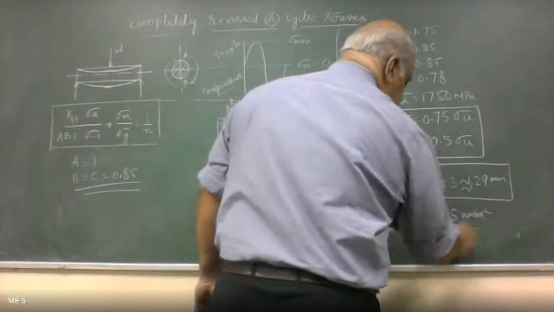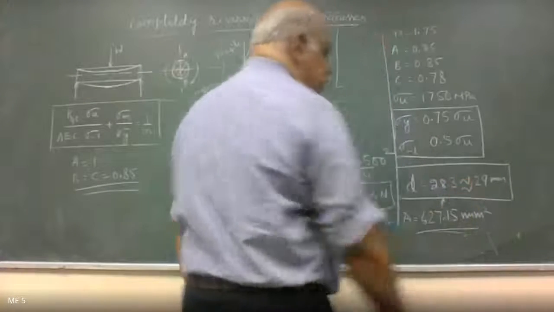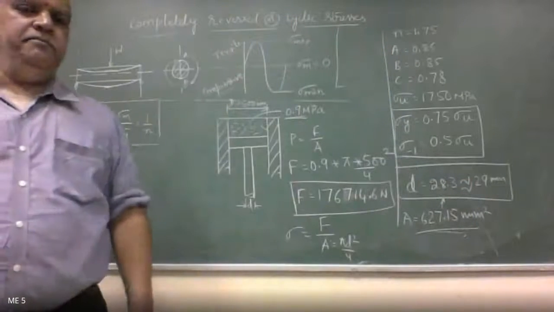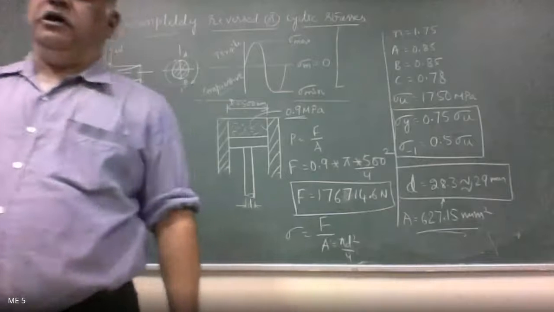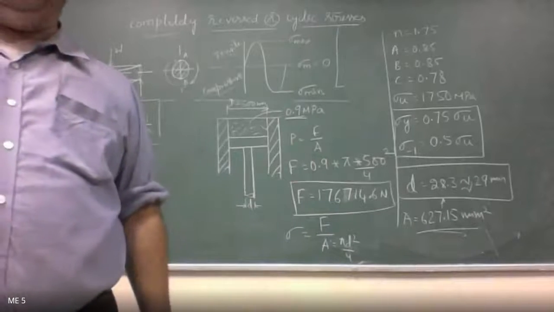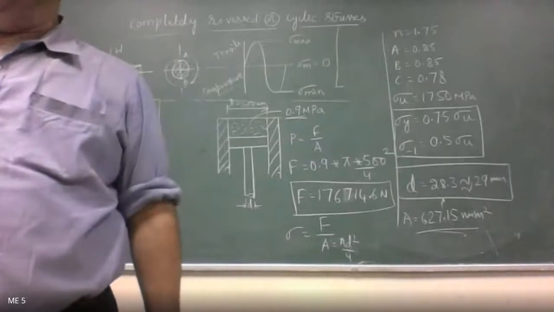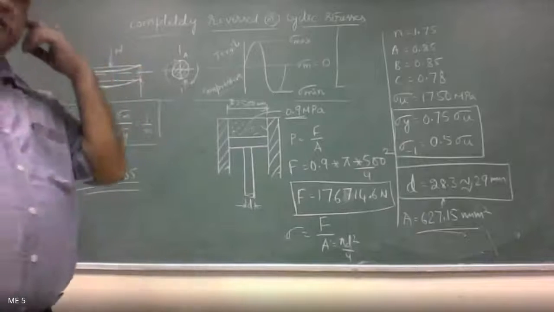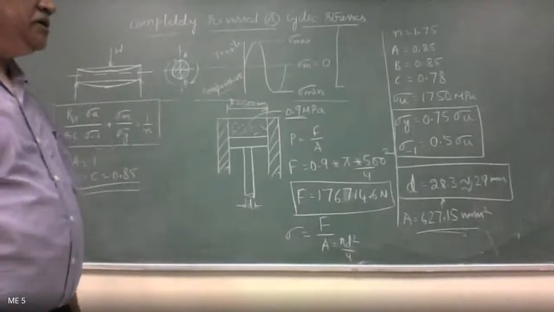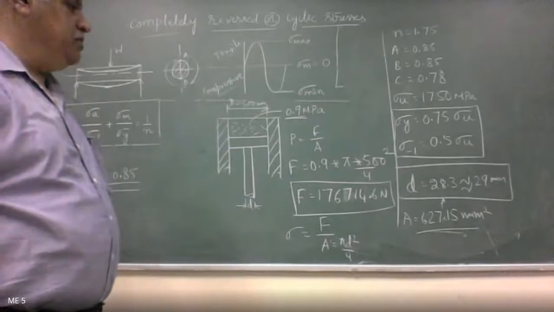So from there, you are going to get the diameter equal to 29 mm. Okay? Anybody needing time to note it down? Yes, sir, one minute. Please do it and solve the problem.